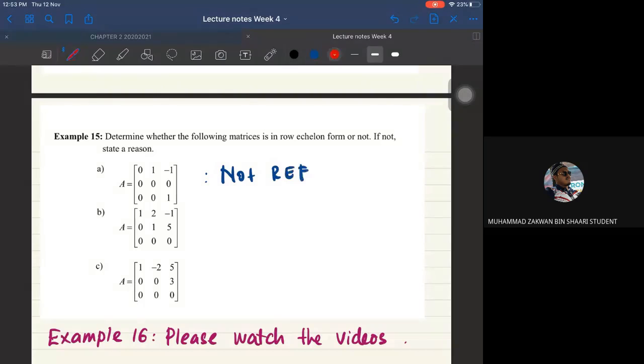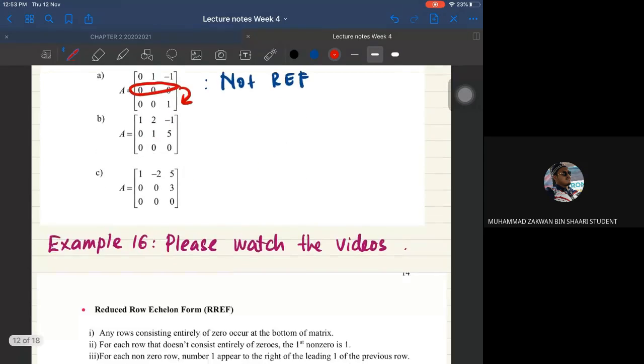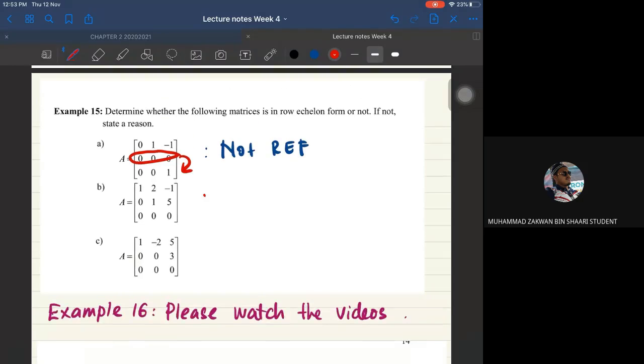Sebab this one mesti berada dekat bawah. Kan? Does not satisfy rule number 1. Yes, correct. B. This is REF or not? Yes, this is REF. Dia memenuhi ketiga-tiga syarat. And C. This is not REF.